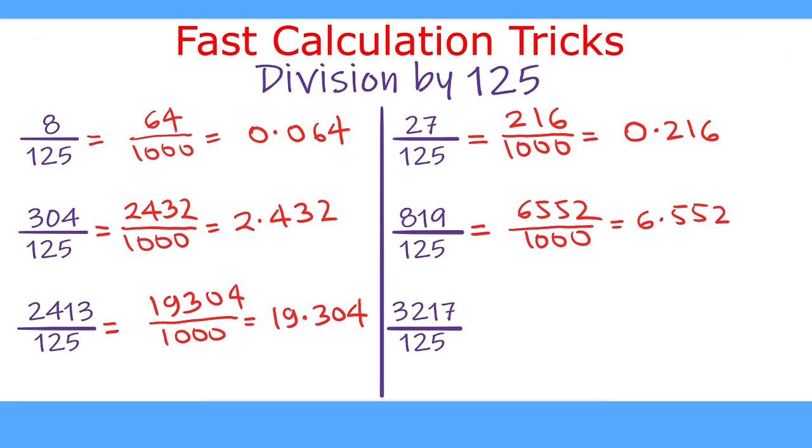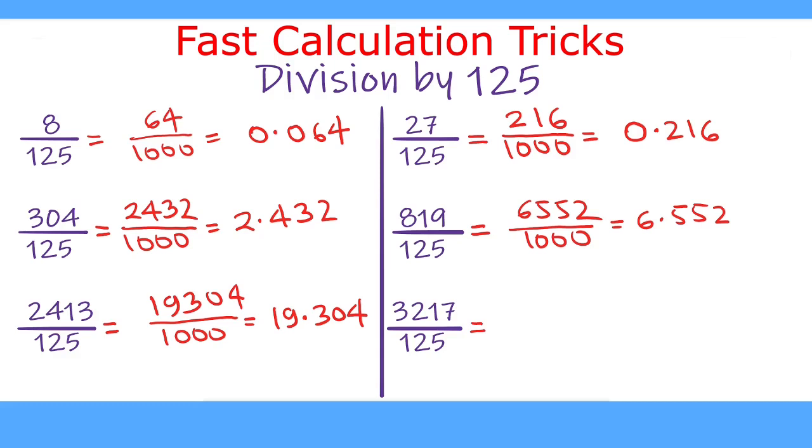Our next question is 3217 divided by 125. We split 3217 into 3200 plus 17. 17 times 8 is 136, and double of 32 is 64, double of 64 is 128, and double of 128 is 256.